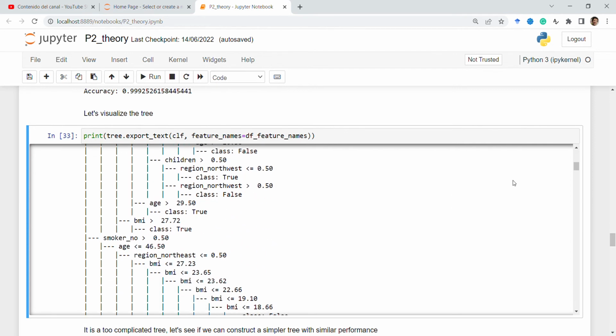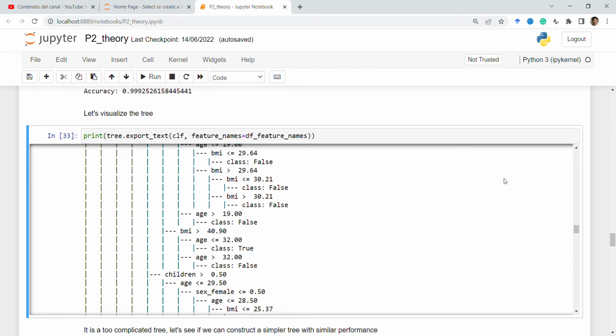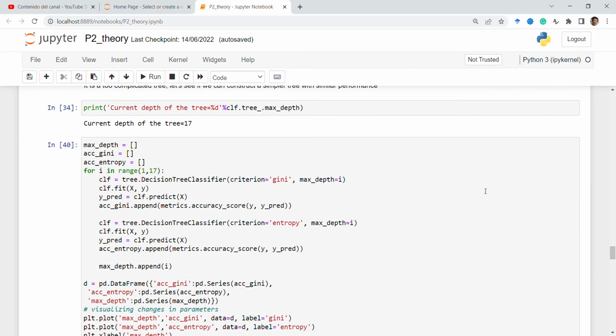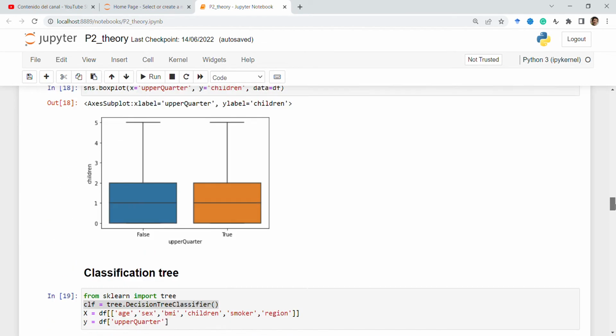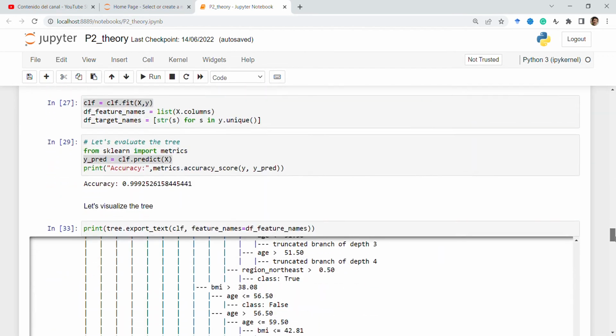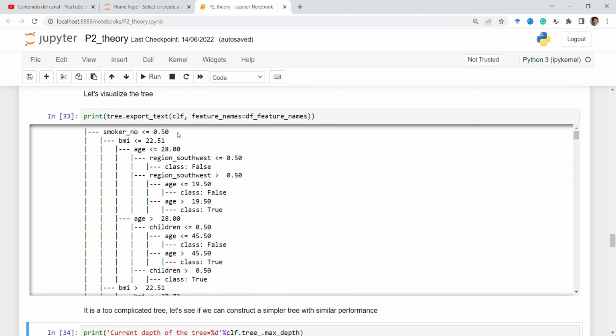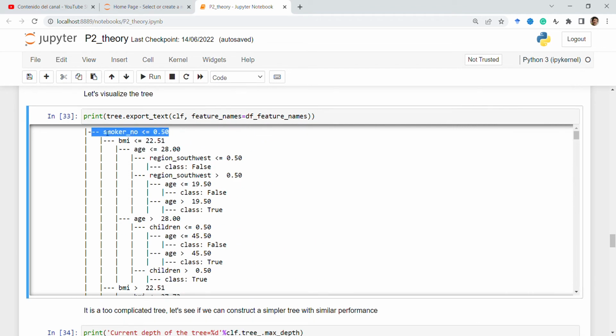So we see that this is a very long tree. That is why it classifies so well. So probably there is some kind of overfitting there. And the current depth of the tree is 17. So at every one of these decisions, we have a level of the tree.